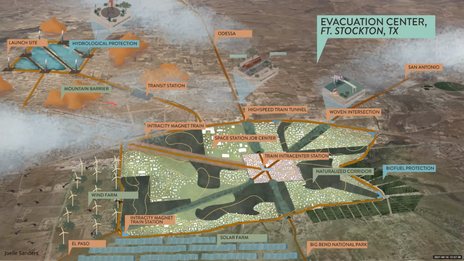Fort Stockton is powered through a wind farm, solar farm, and biofuel production, as well as our naturalized corridors for butterfly migration and stormwater management, and then the interconnecting train that surrounds Fort Stockton.